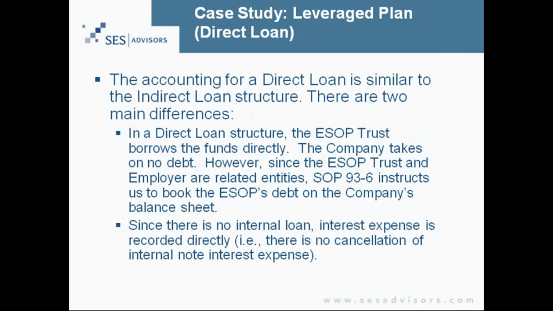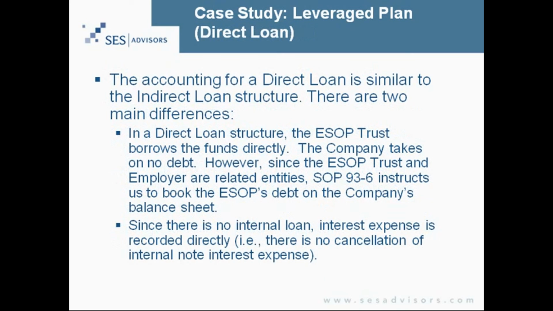Just want to point out a couple of differences as the loan structure changes. The accounting in a direct loan is very similar, but the main differences are we've got the ESOP trust borrowing funds directly, company taking on no debt, but again, as the two are related, SOP 93-6 instructs us to book the ESOP debt on the company's balance sheet as though it were its own.